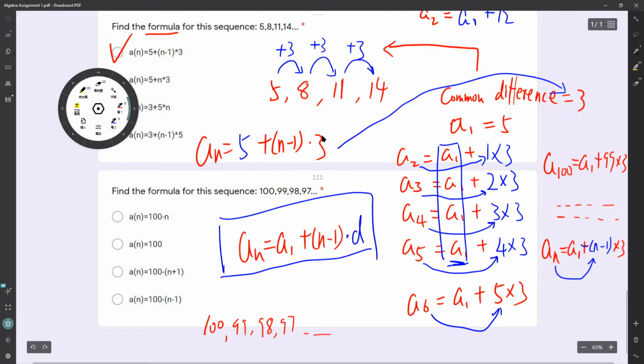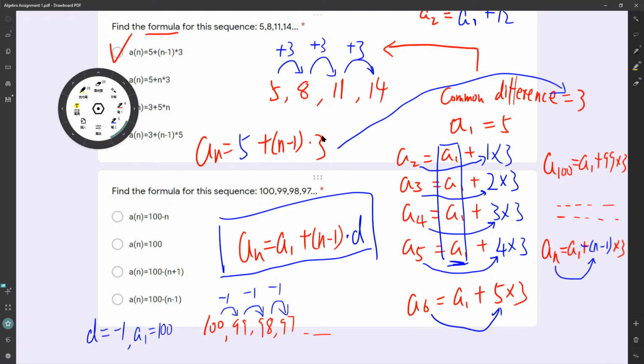You can see here, every time it's subtract 1. So the common difference is subtract 1. And the first term, A1, is 100.